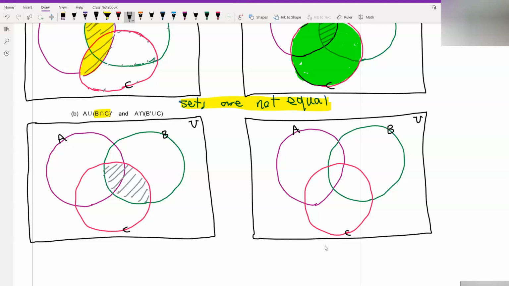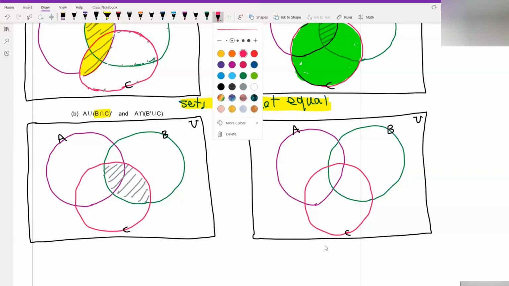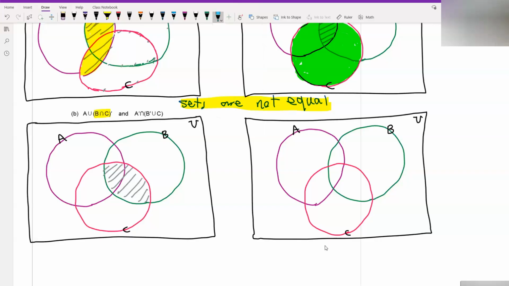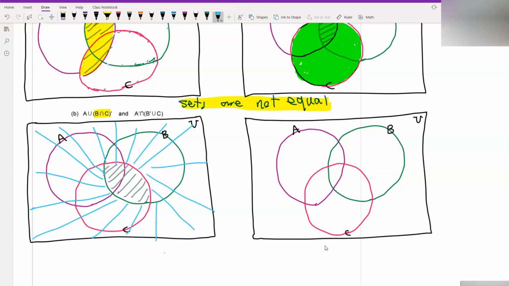It's anything except that part. So this one in blue is B intersection C prime. It's the complement of B intersection C.